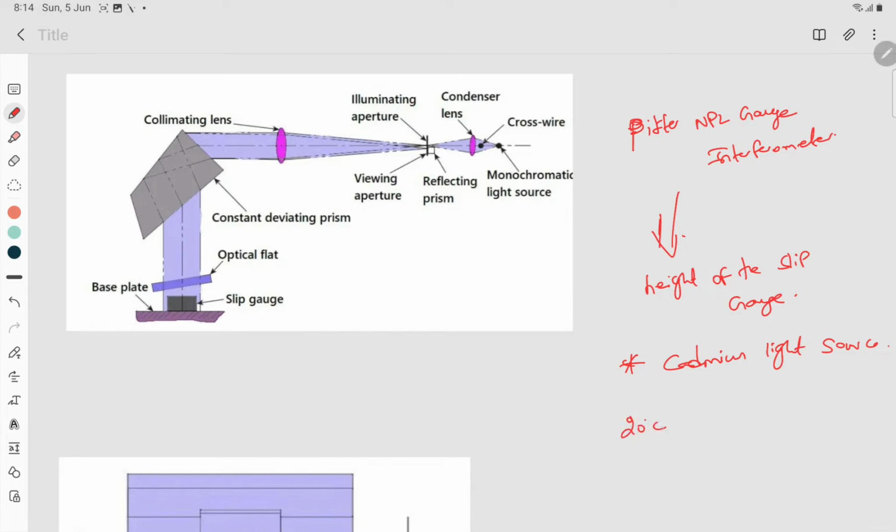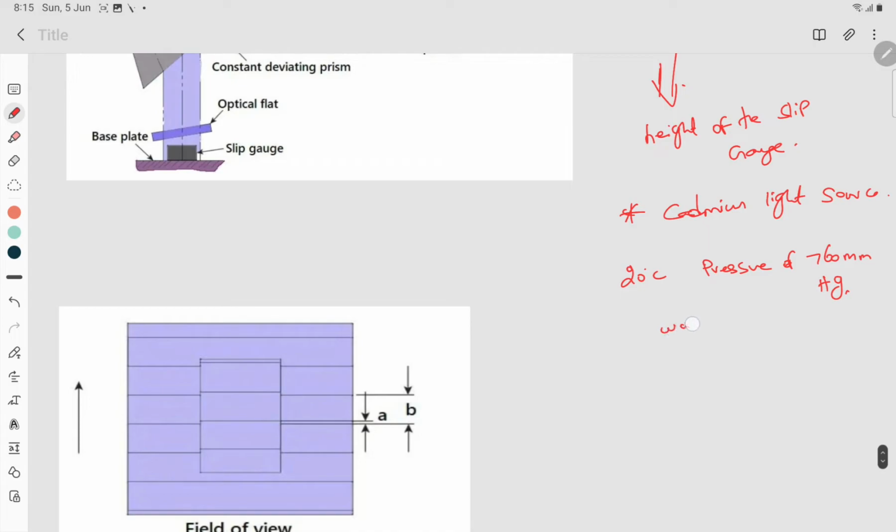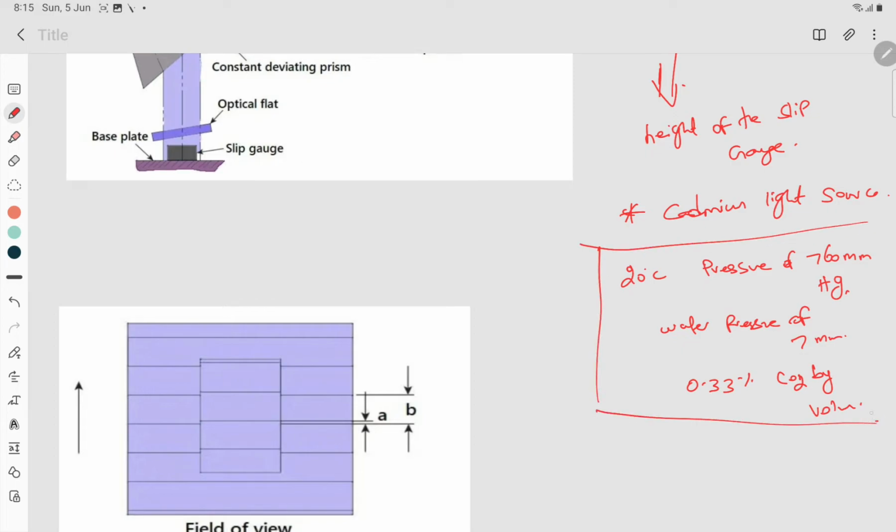It should be kept at 20 degrees Celsius, at a pressure of 760 mm of mercury, water vapor pressure of 7 mm, and it should contain 0.33% of carbon dioxide by volume. So these are all the conditions under which this Pitter NPL gauge interferometer should be operated.